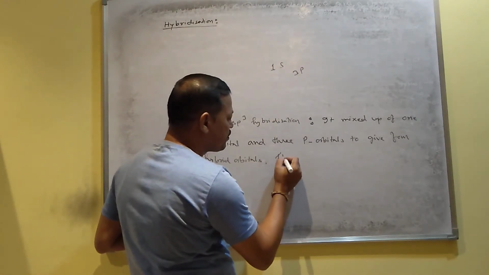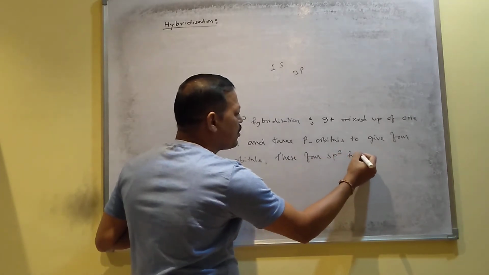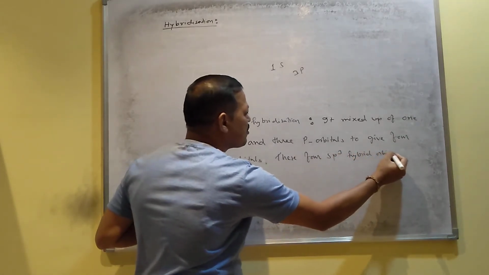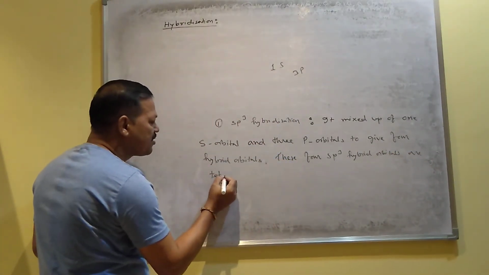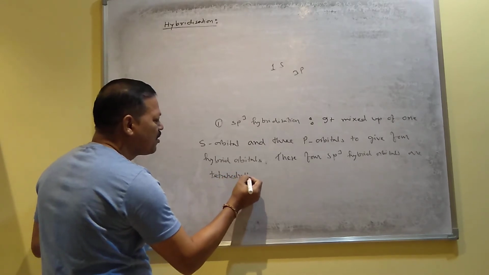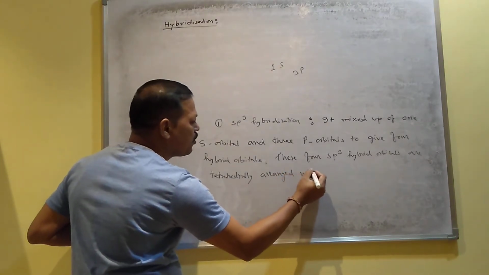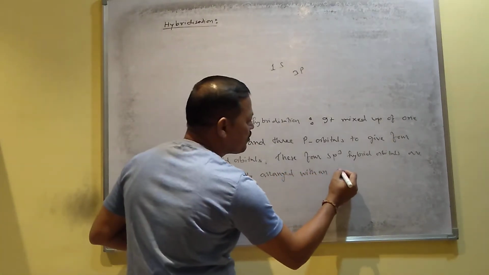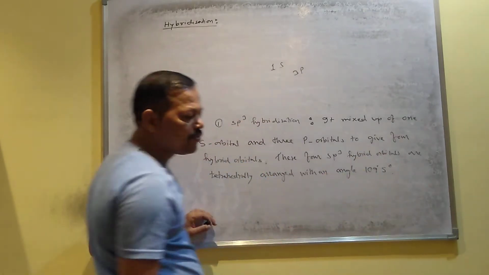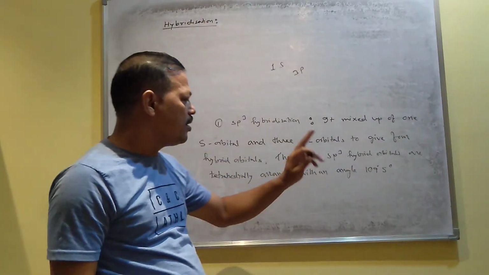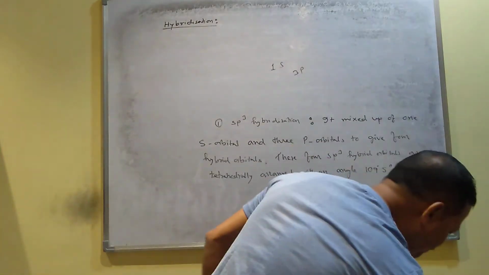These 4 sp3 hybrid orbitals are tetrahedrally arranged with an angle of 109.5 degree. I will explain what a tetrahedral structure is and which angle is said to be 109.5 degree later.